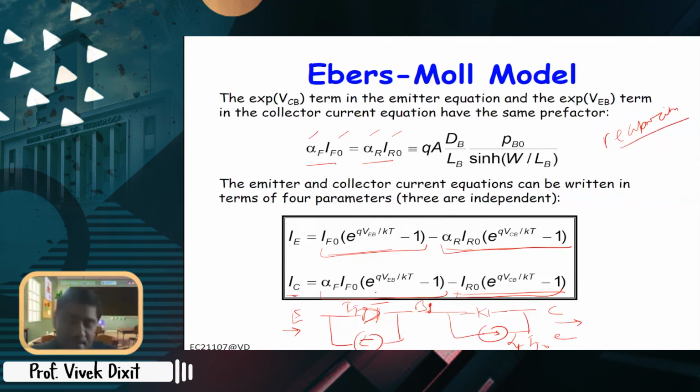Reciprocity is basically that if you apply a bias at base-collector, the amount of current that will flow through the emitter will be the same as if you apply a bias at base-emitter and measure the current that flows through the collector. Now if alpha F is designed to be high, your IF naught will be small. If alpha R is designed to be low, then IR naught will be high.